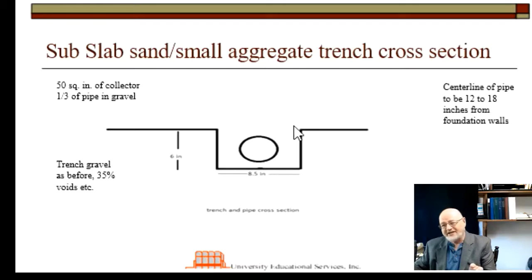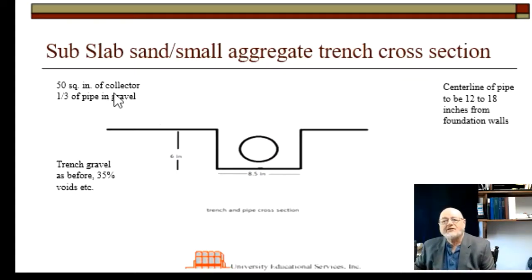And obviously that gives you 50 square inches of collector area, cross-sectional area. And my thinking is, if you dig this trench 6 inches down, put in an inch of gravel, then put the pipe in on top of that, and then cover the pipe sides and top with gravel, and make a whole loop out of it, then you'll have a great collector area.